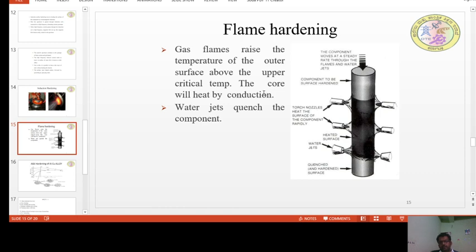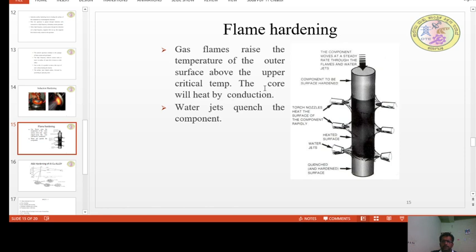There are some more components, like a shaft. It is circular as well as having some length. In this case, the shaft is made to rotate in a fixed position, and the carrier is made to move along the length of the shaft. As I said, the carrier consists of the flame followed by the water jet.